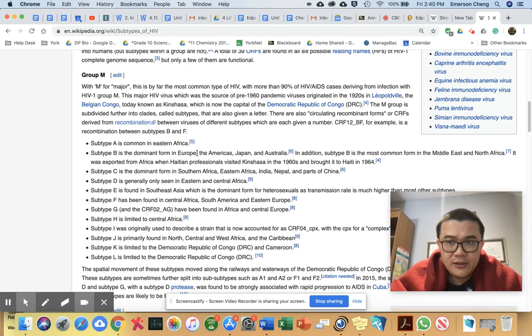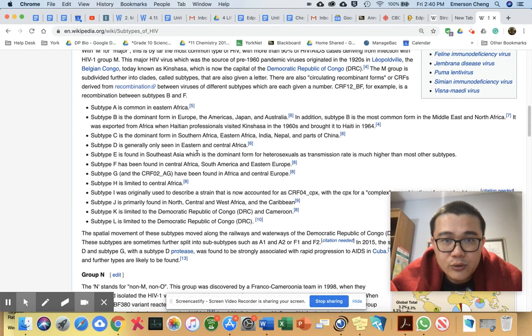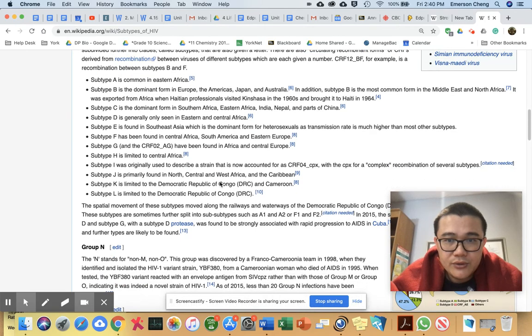And that's also another hard part to find a cure, because, for example, which one is mostly North America? You have subtype B that is mostly in North America and Europe. The others are not so much North America.